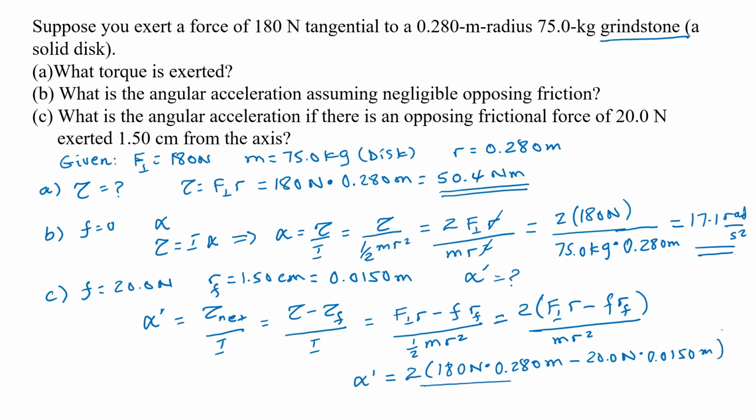Divide that by the mass of the grindstone, 75 kilograms, multiplied by the radius squared, the radius of the grindstone, 0.280 meter squared. Alpha prime equals 17.0 radian per second squared.